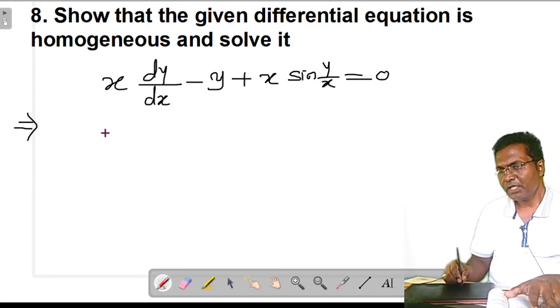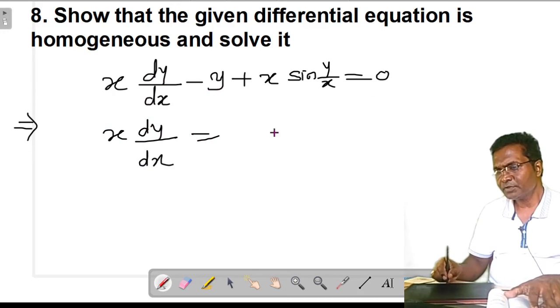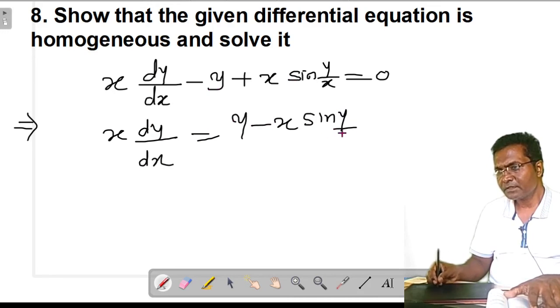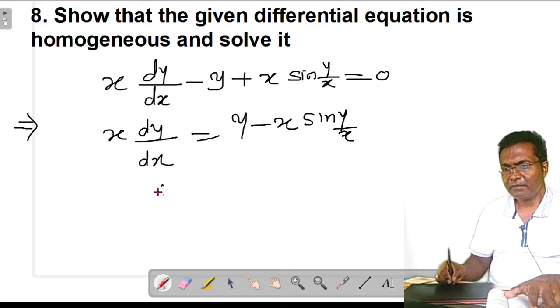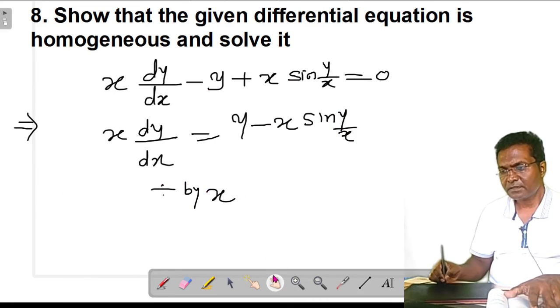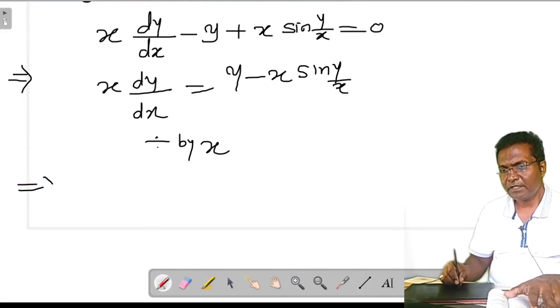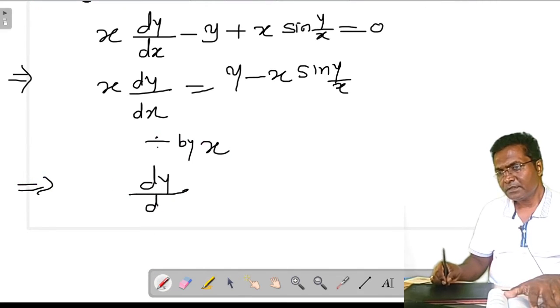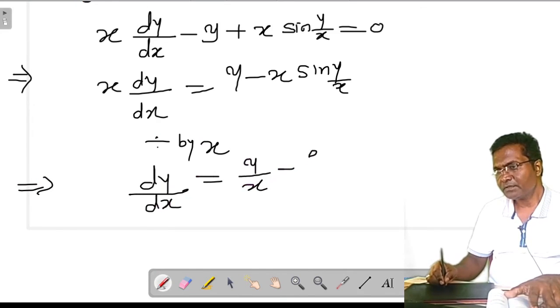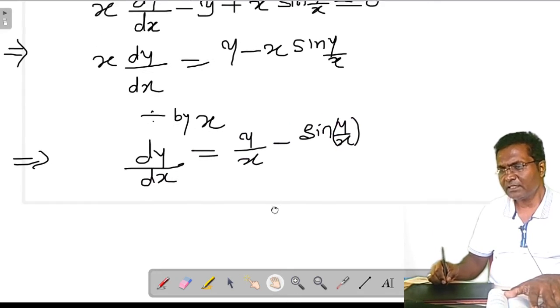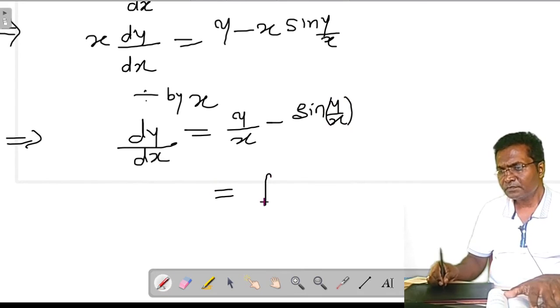So here x dy by dx is equal to, first I bring all the terms to the right, that is y minus x into sine y by x. Now divide by x on both sides: dy by dx equals y by x minus x by x cancels, sine y by x. Now clearly this is a function of y by x.